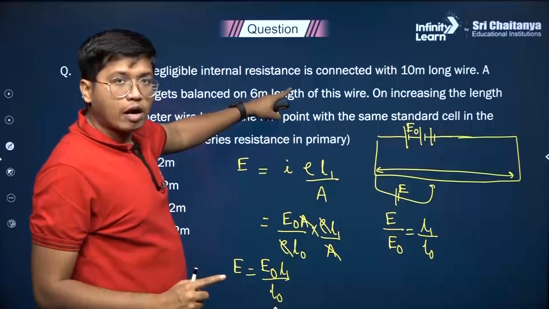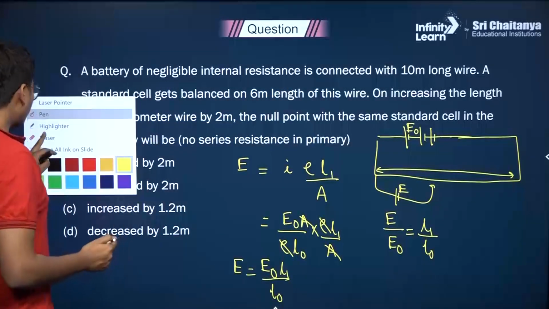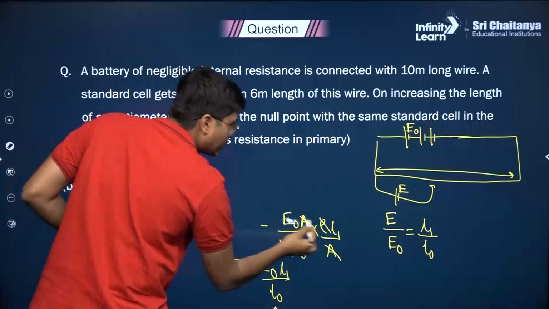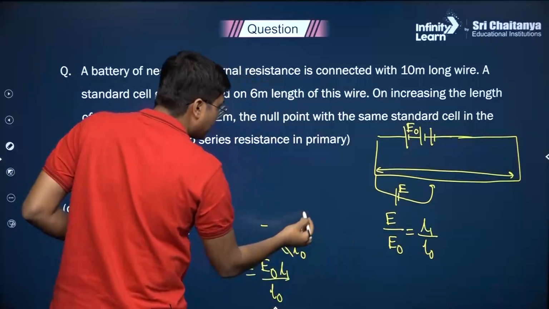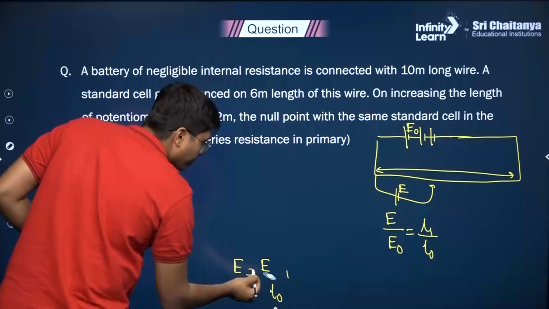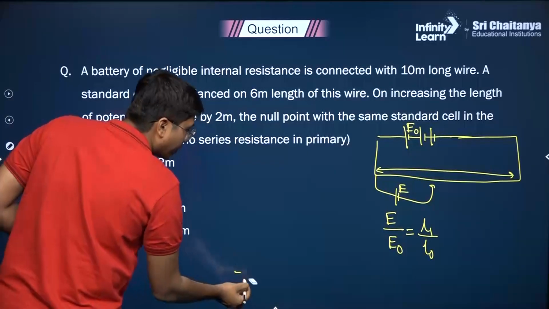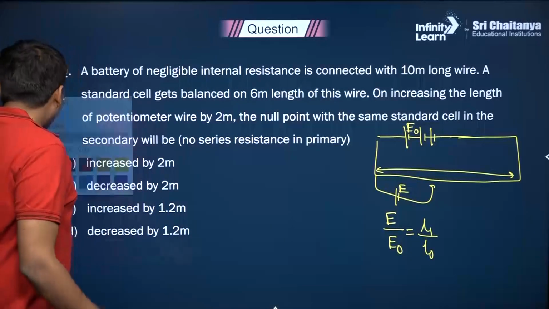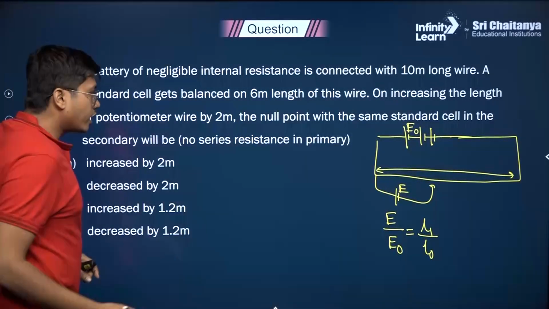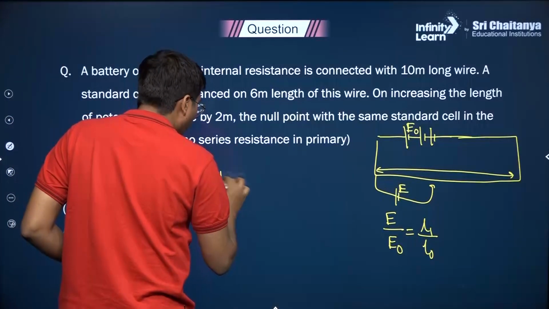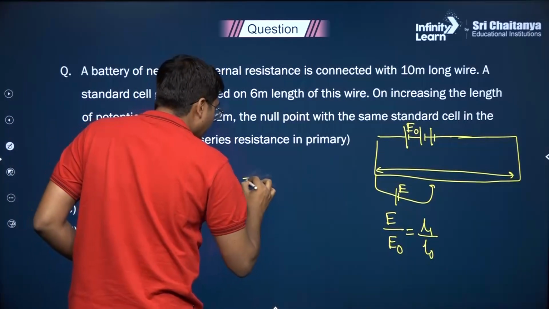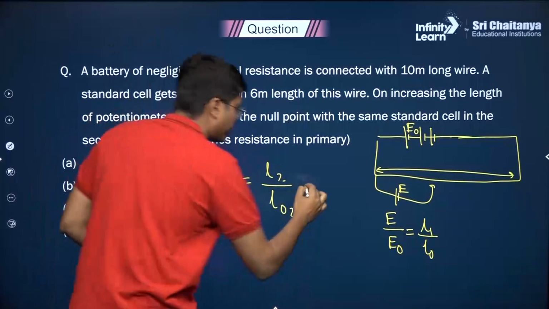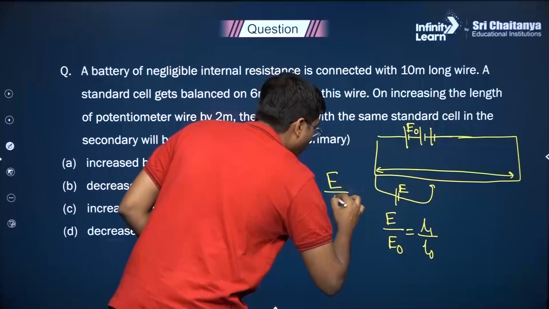Now with regards to our question, what do we know? We know that E and E naught, the cells, remain the same, but the original length L naught changes, and correspondingly that balance length will also change, which means L1 by L naught 1 is equal to L2 by L naught 2, because they both would be equal to E by E naught.